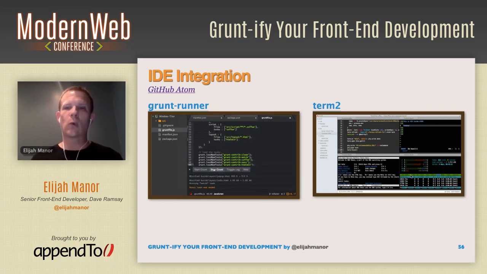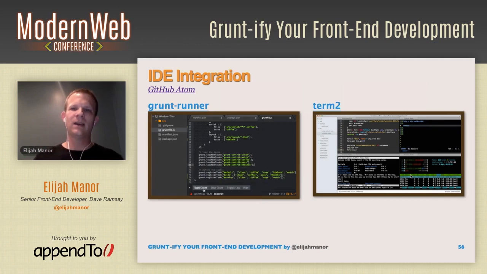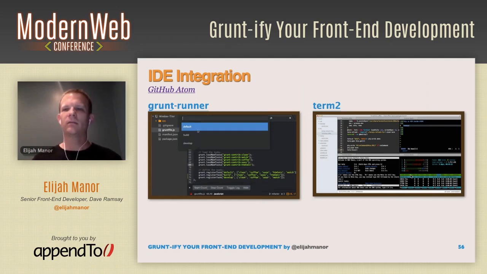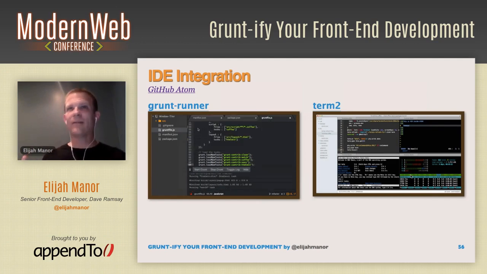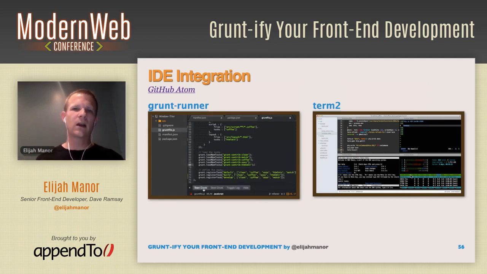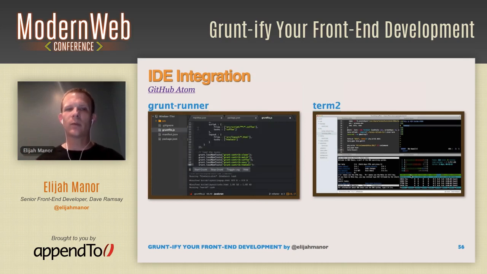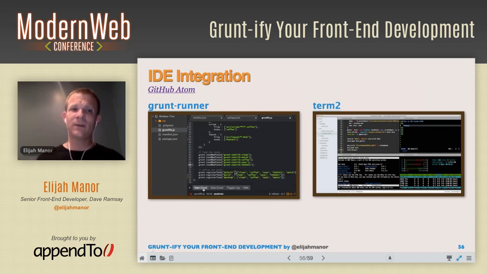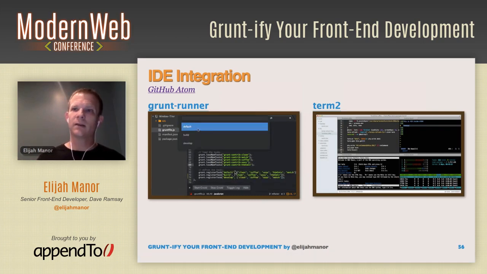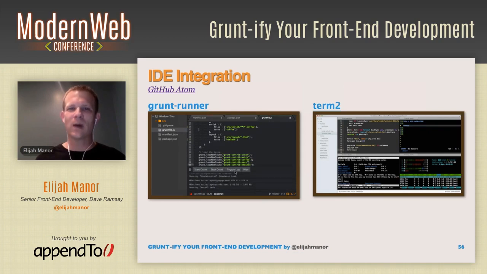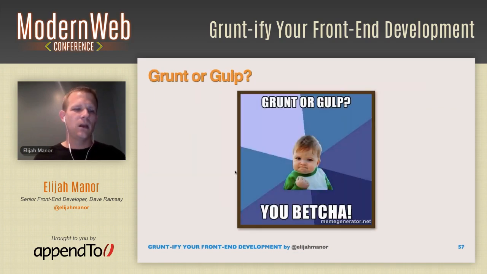I could do a grunt watch right there while I'm in my IDE, while I'm coding, and that's just what I like. Or I'll just have iTerm2 open and have my console doing the watches. So I kind of flop back and forth between Term2 or just natively having a console open. But some of you might like the Grunt Runner, if you use Atom, which I really like. That's a different topic if you want to ask me about that later.